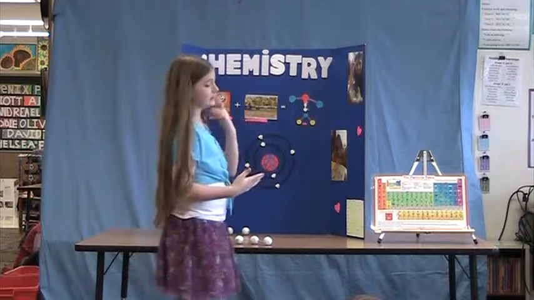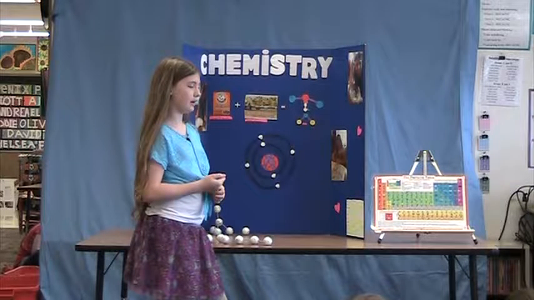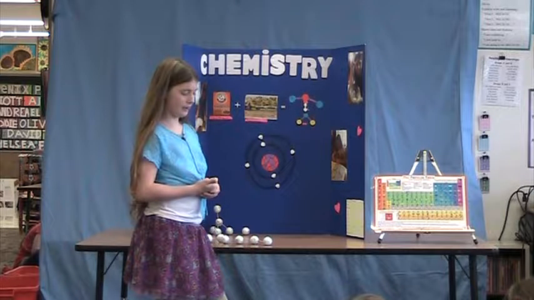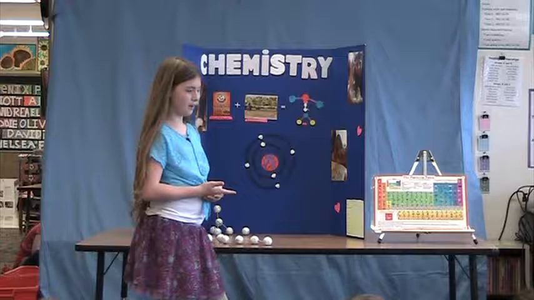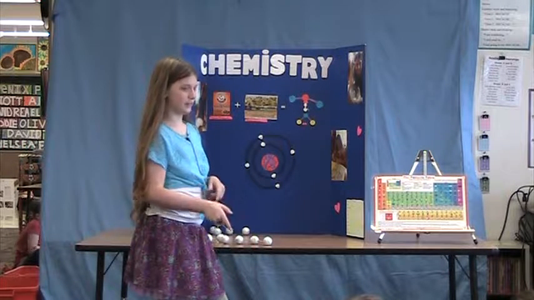So the 4 ways that you can spot a chemical reaction are: A, color change, B, temperature change, C, bubbles, and D, precipitation.